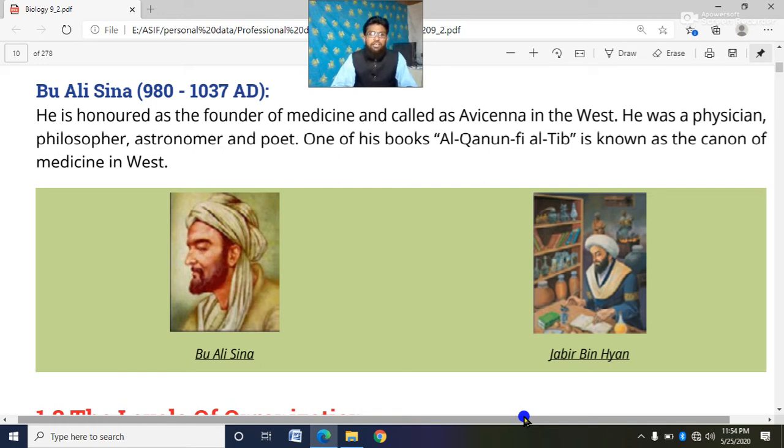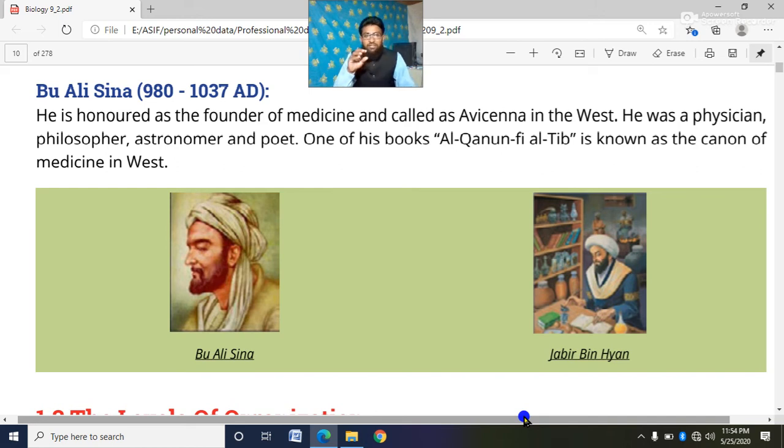Dear cadets, he is honored as the founder of medicine and is called Avicenna in the West. Bu Ali Sina worked in the field of medicine, especially as a pharmacist. He worked very much for medicine and is known as the founder of medicine.